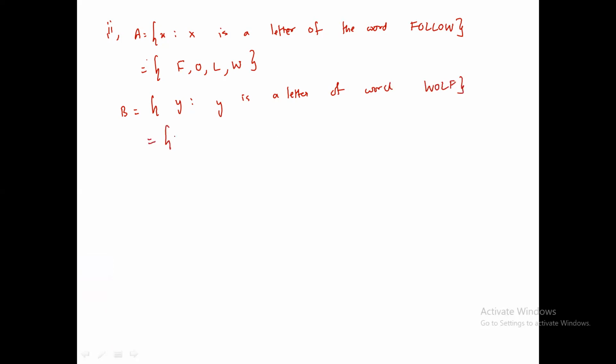So in wolf, I have W, O, L, F. You can see F is present in both, O is present in both, L is present in both, W is present in both. So easily we can write the sets A and B are equal.